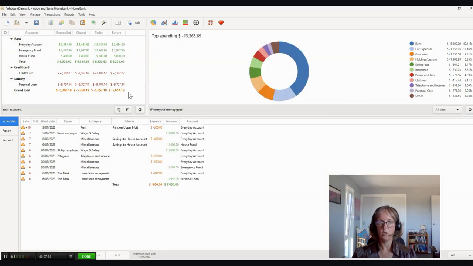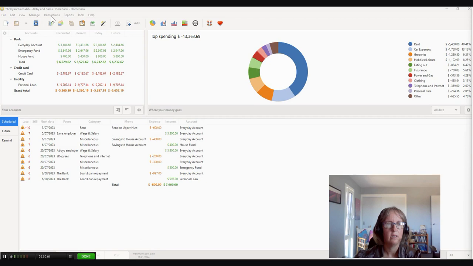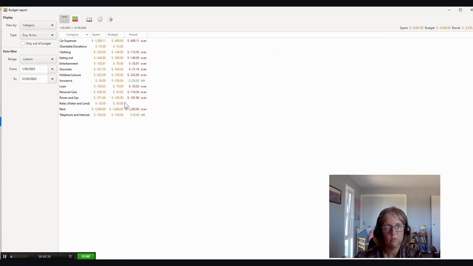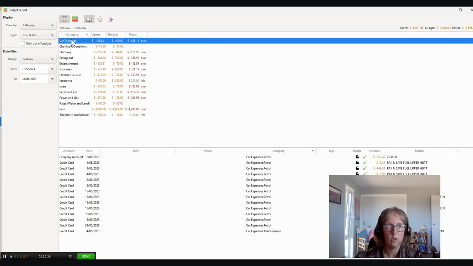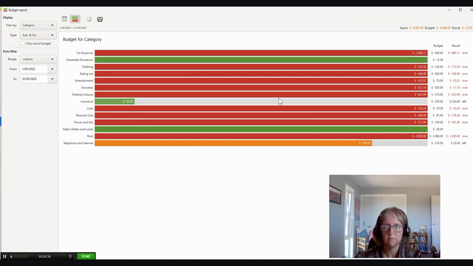So if we close that, now we're going to go back up into reports because our budget is done, and you're going to click on budget. You can click on the little book and look at some specific things, and you can also see it as a visual. Now this can be a lot easier, but what we're seeing is quite a lot of red, and that means they're going over in a lot of places.